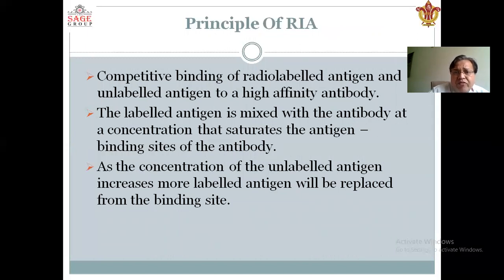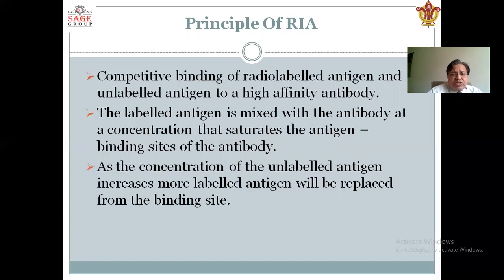Competitive binding of radiolabeled antigen and unlabeled antigen to a high affinity antibody. The labeled antigen is mixed with antibody at a concentration that saturates the antigen binding sites of the antibody.